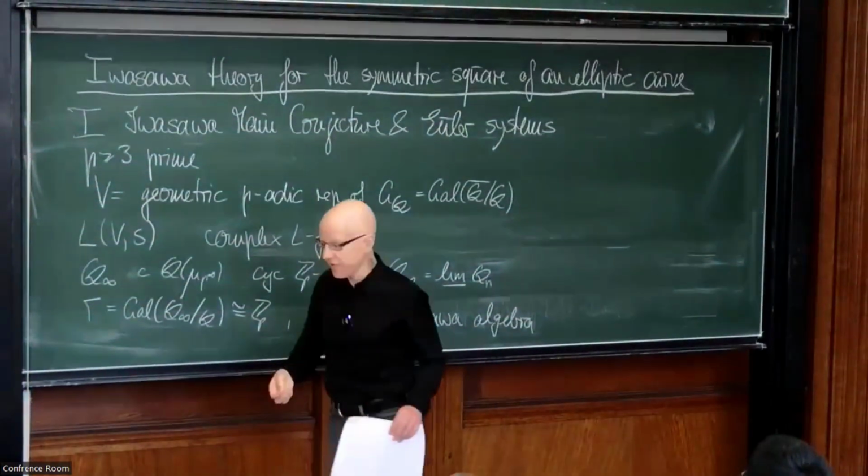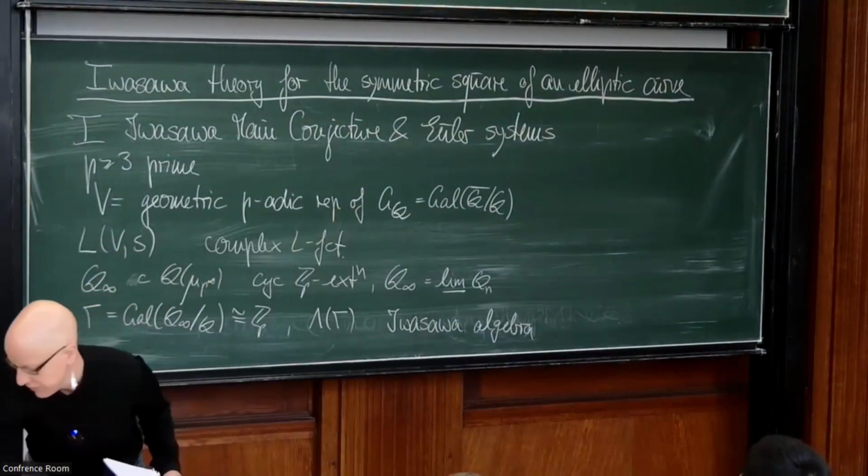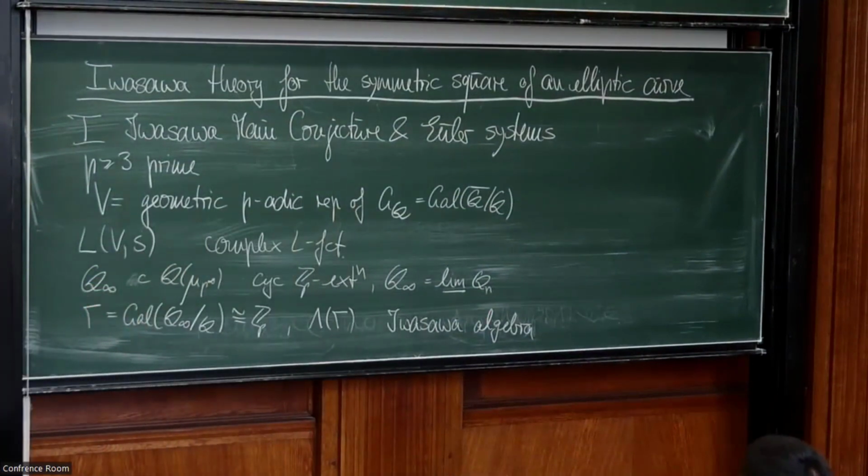For modules of this kind, one has a structure theorem. Namely, if it is a torsion module, one can associate to it a so-called characteristic ideal. And the Iwasawa main conjecture says the following.